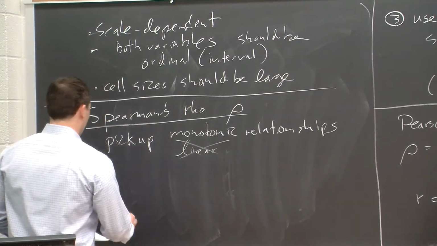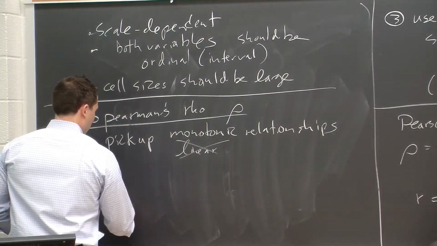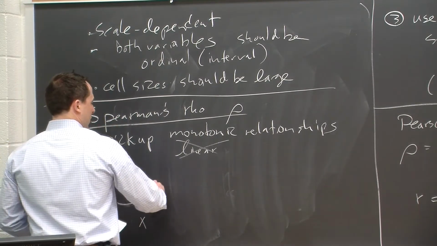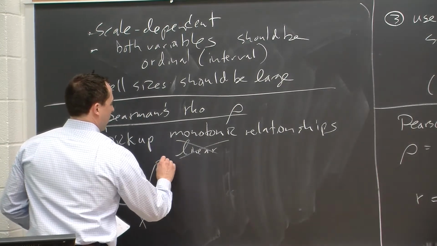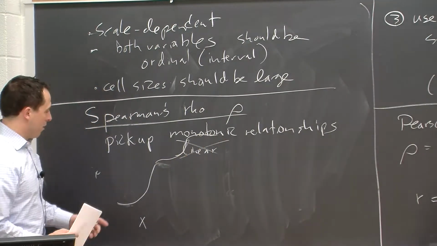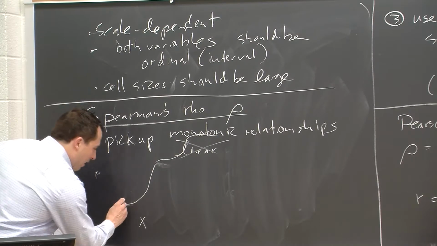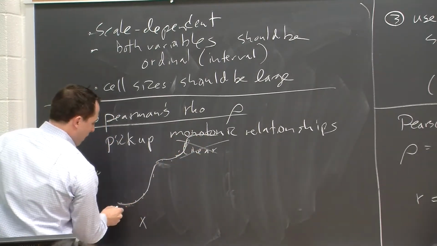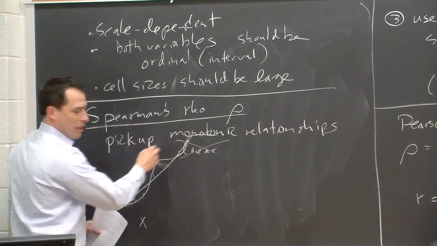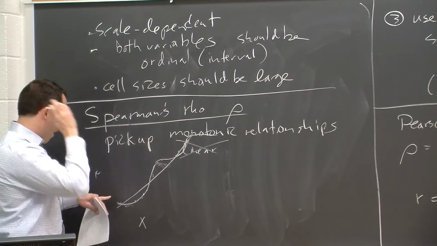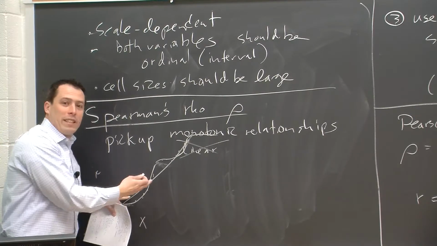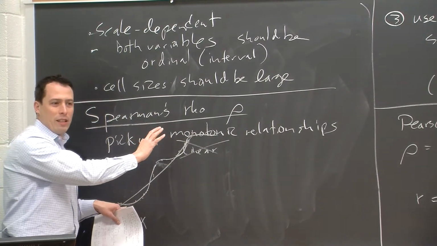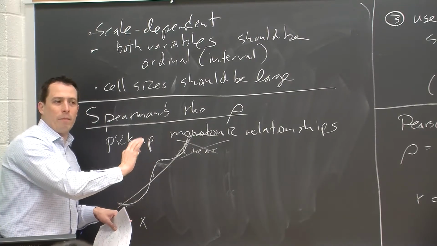In other words, if I have some crazy function where this is x and this is y, and it's very tight around some curve like that, if I try to do a regular Pearson correlation, I have to draw a line through that. And that will pick up a correlation, but it'll be weaker. This one will be able to tell, oh, this was actually a perfect correlation. It's just that it wasn't linear.